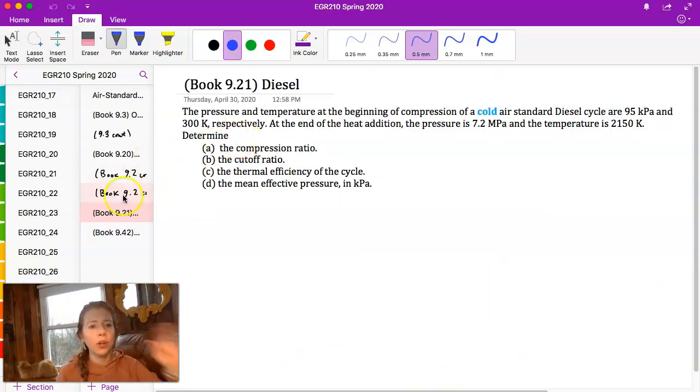All right, so now we're gonna redo the same problem, same exact conditions as before. I'm not gonna redraw the scenario, but here we are doing the cold air standard diesel cycle.